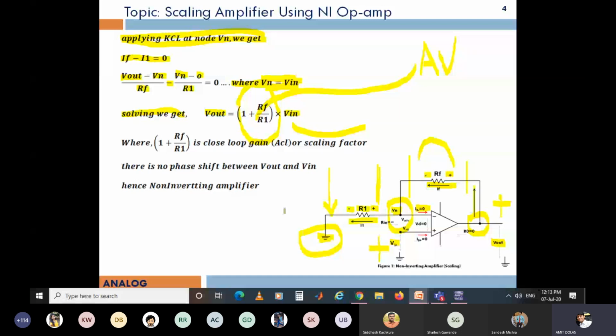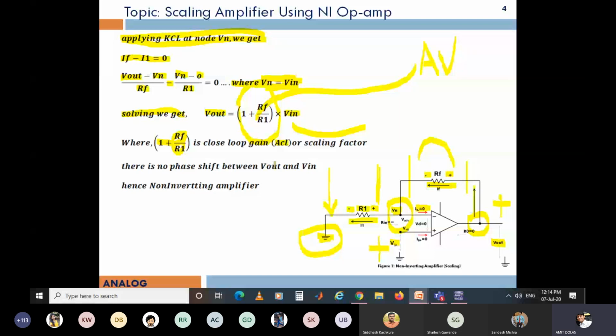Where 1 plus Rf upon R1 is referred to as the closed loop gain ACL, depending on the value of Rf upon R1. Suppose Rf is 10K, R1 is 5K. So 10K divided by 5K will be 2, plus 1, it will be 3. So the scaling factor or closed loop gain of this amplifier will be equal to 3.